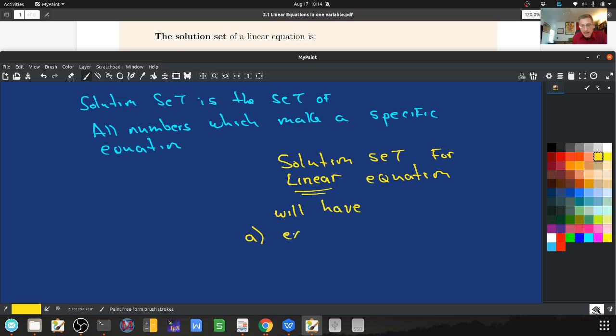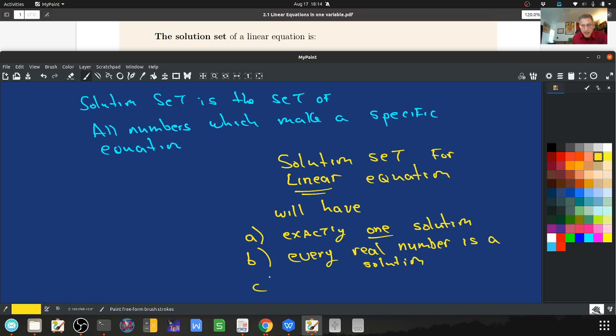A, exactly 1 solution or 1 element in the set, the example I just gave you. B, every real number is a solution. Or C, no number at all is a solution. In that case, we say that the solution set is empty.